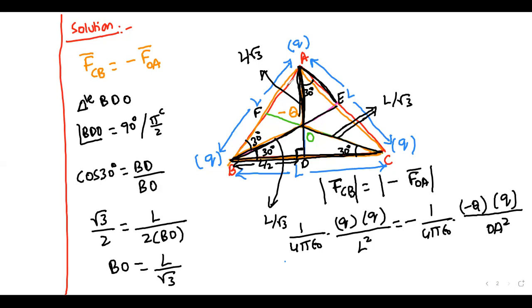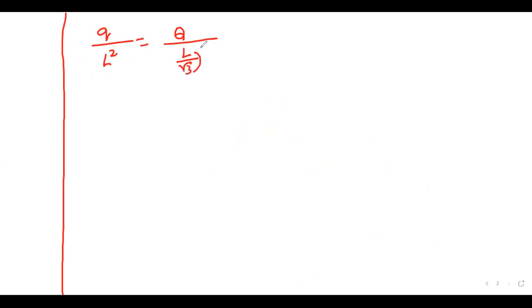We know OA means L by root 3. So we'll get small q by L square is equal to capital Q by L by root 3 whole square.